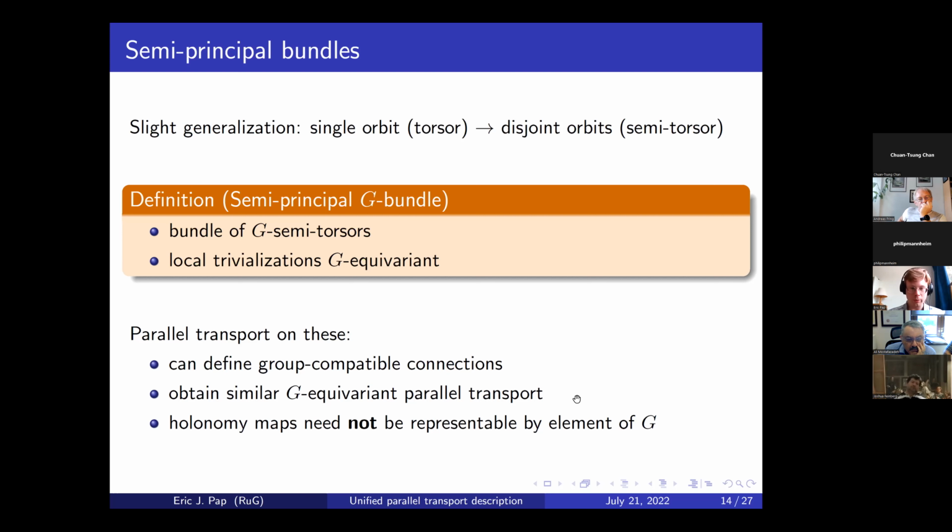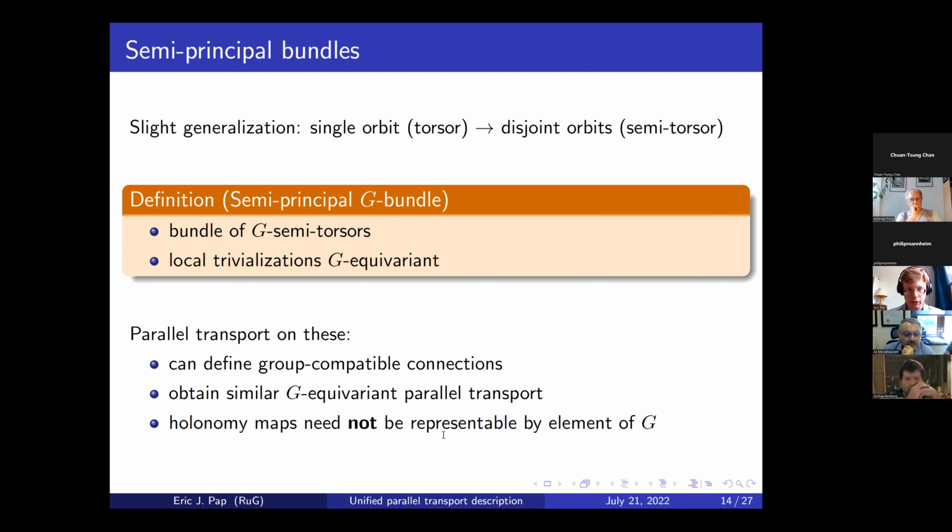Only I will get one major difference, namely because the group action is no longer transitive on the fiber, the holonomy maps need not be translations by a group element. In other words, I cannot represent what is happening by a group element. And this is exactly the case for a non-cyclic state. Namely, the state comes back, but I cannot describe this using just a complex valued phase.